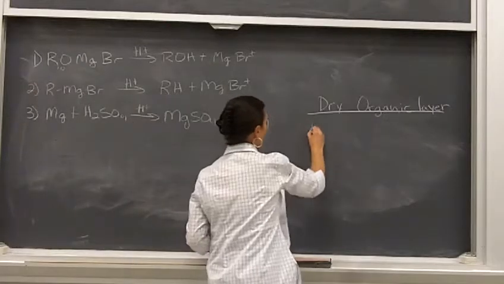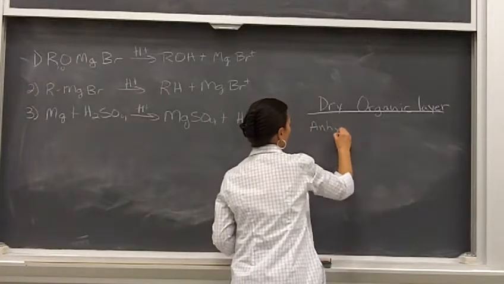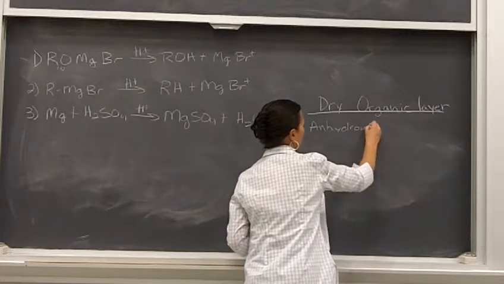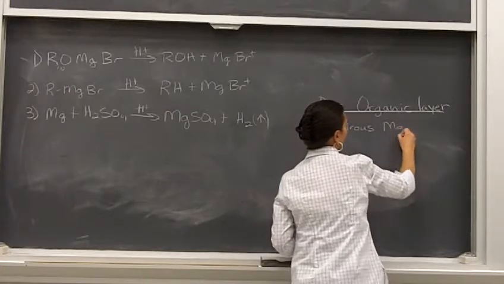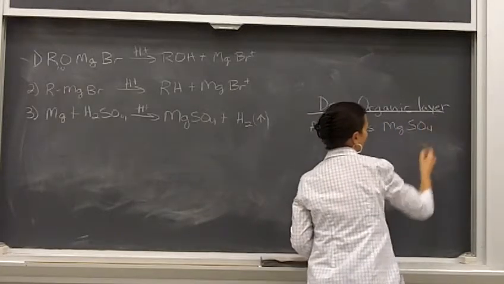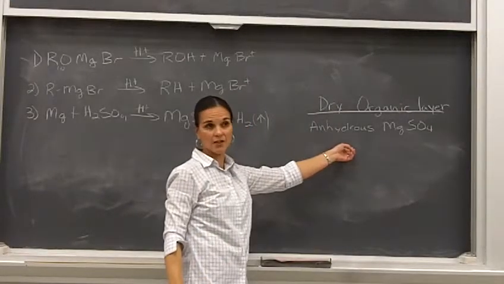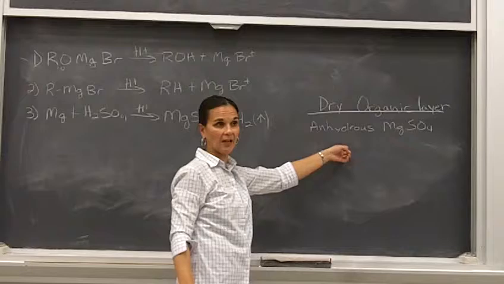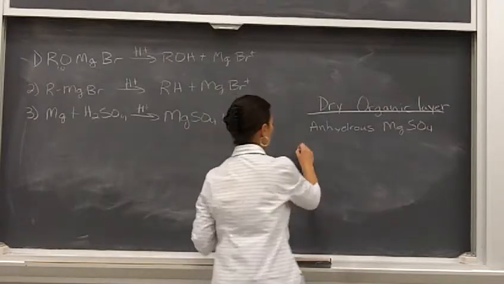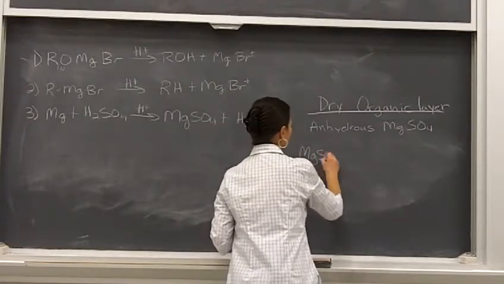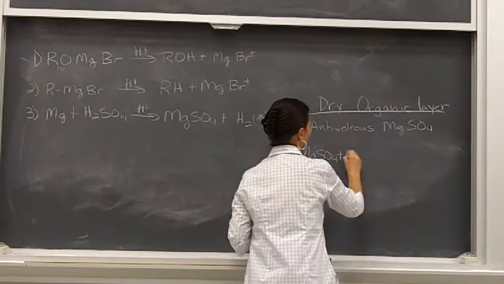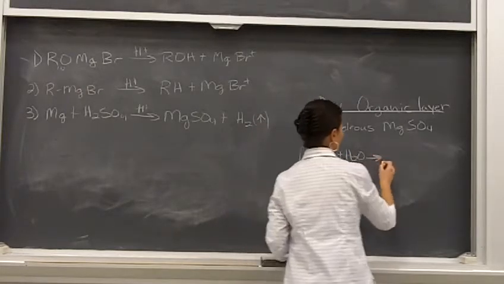You're going to use anhydrous magnesium sulfate. This is what is by the balances along with the regular old magnesium. Okay, so this is what you don't want to use to set up your reaction initially. This is what you want to dry your organic layer with. And what happens is the magnesium sulfate reacts with water and it just complexes with it.